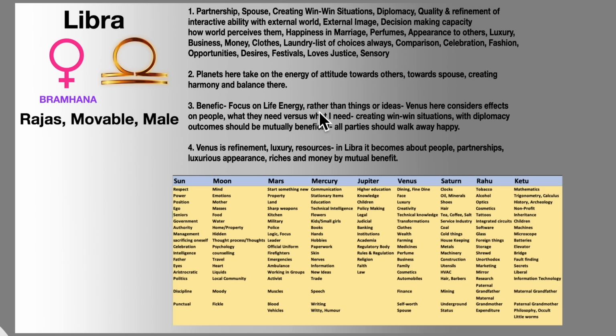However, if malefics come here, Saturn, Mars, Rahu, Ketu, it will start focusing on things rather than the life energy itself or ideas. Rahu in Libra, for example, will focus on the relationship aspect as in the organs itself, not so much about emotional connectivity.